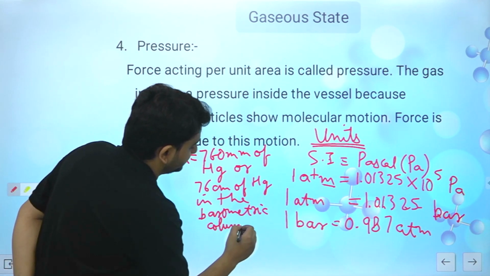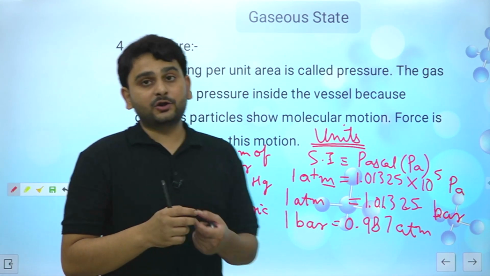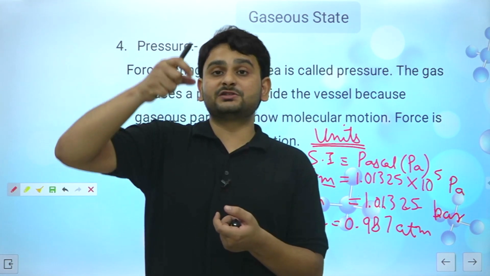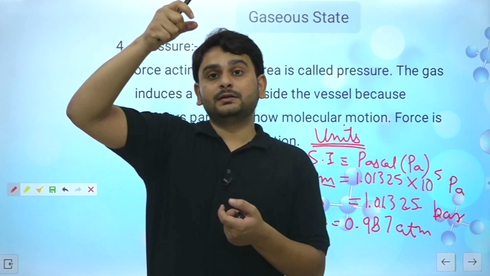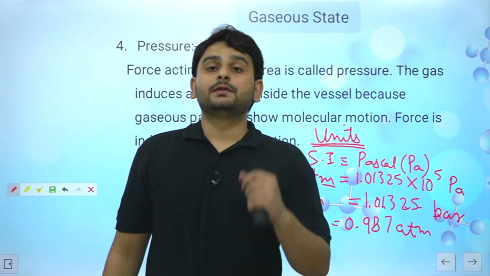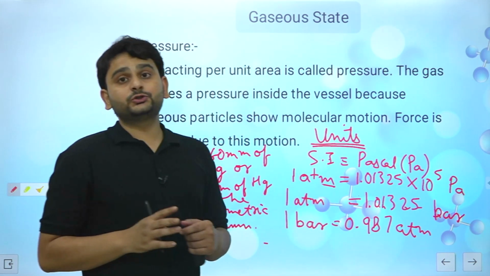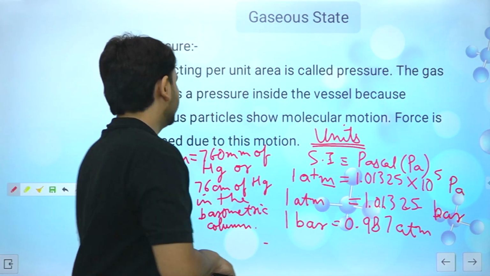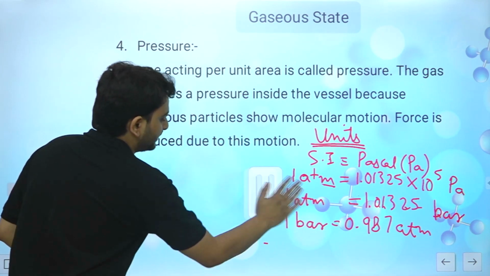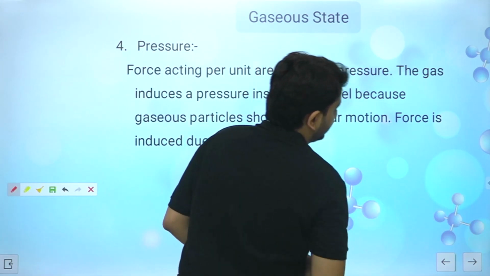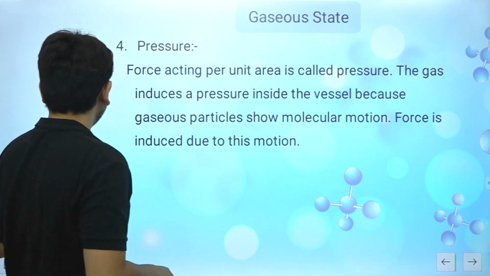You just have to understand that in a barometer, mercury rises, and when the mercury rises to 760 mm in the barometric tube, that is called 1 atm. So you should remember all these units very, very thoroughly. Moving on, we'll talk about the barometer and how we calculate atmospheric pressure.